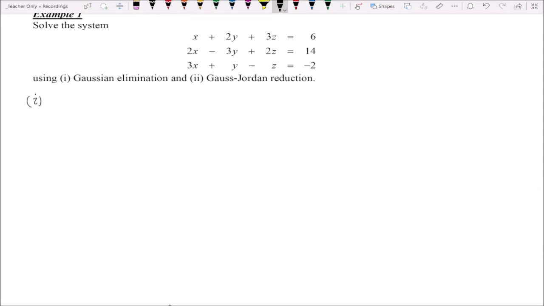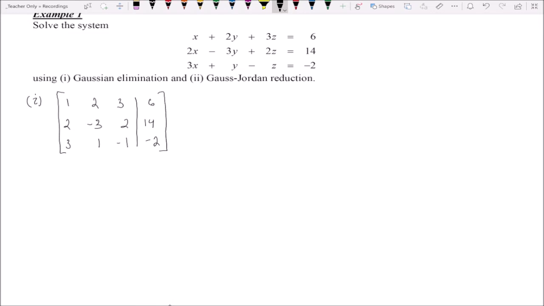So first, for Gaussian elimination, what we want to do is set up our augmented matrix, right? So remember, the augmented matrix for the system is the coefficient matrix, which is 1, 2, 3, 2, negative 3, 2, 3, 1, negative 1, augmented with the constant vector 6, 14, negative 2.